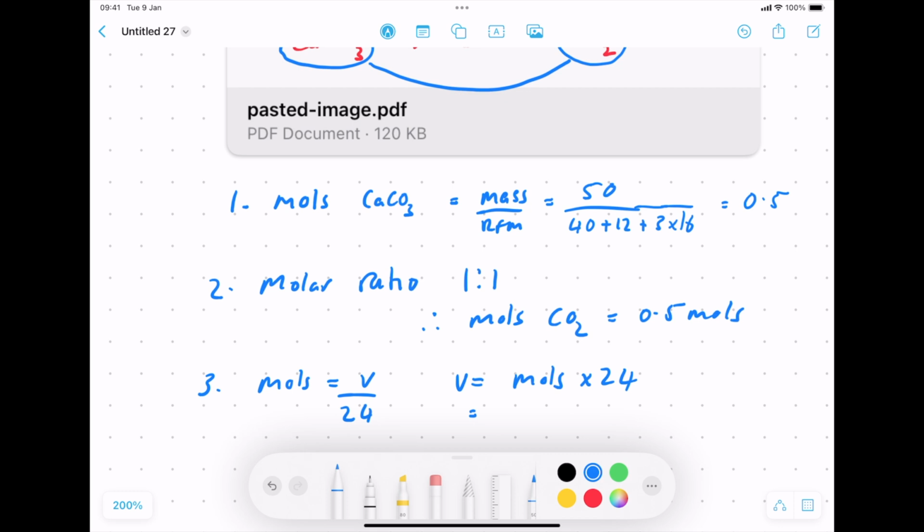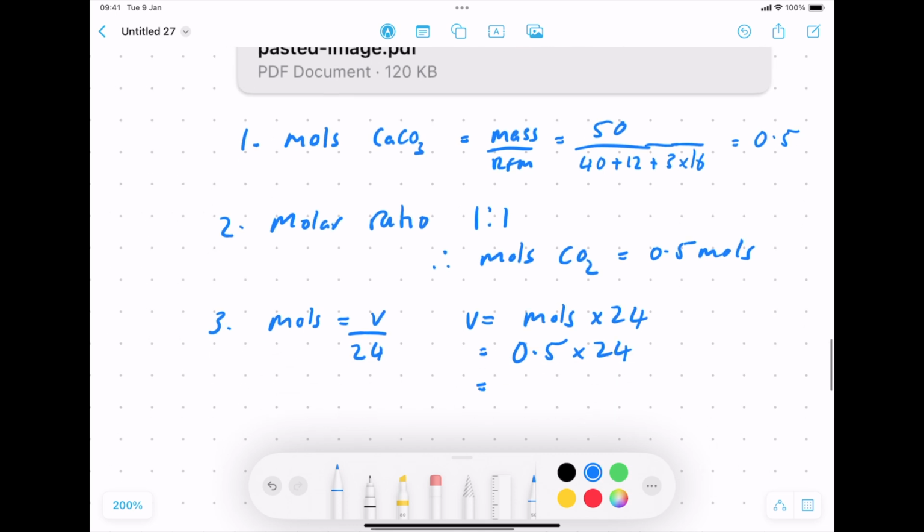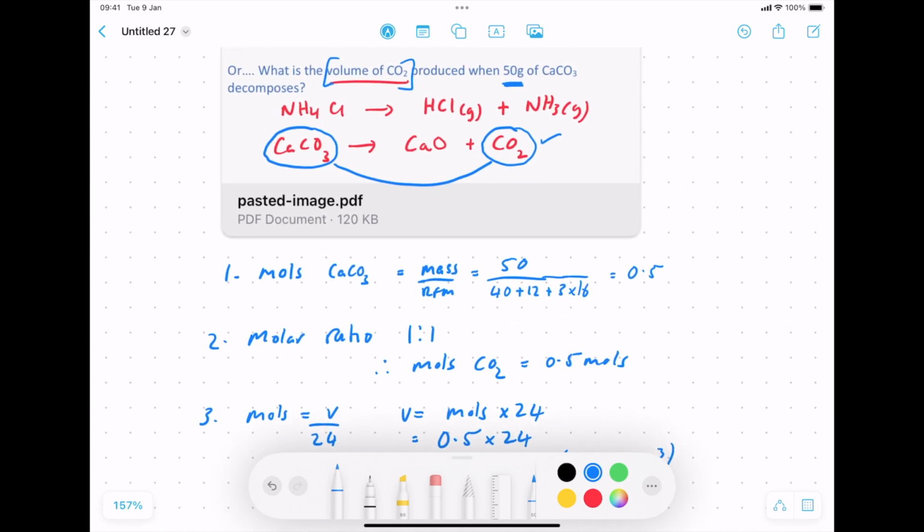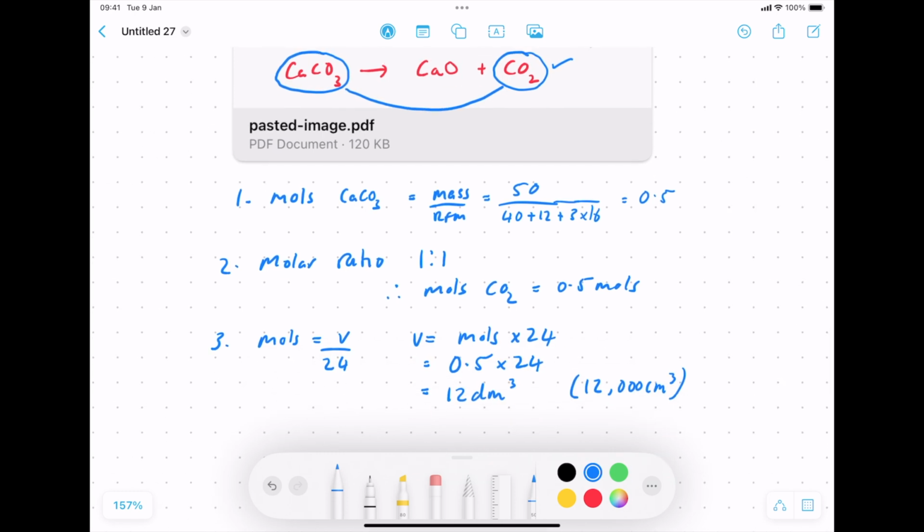So the moles of carbon dioxide produced is 0.5 times 24, which is going to give me an answer of 12 decimeter cubed, or in other words 12,000 centimeter cubed. So for this reaction, if you decompose 50 grams of calcium carbonate, you're going to get 12 decimeter cubed of carbon dioxide produced.